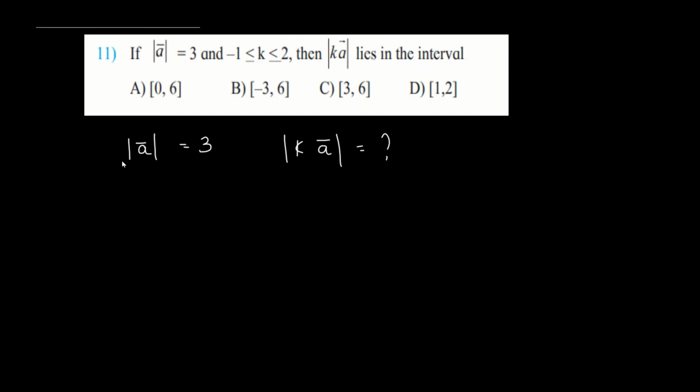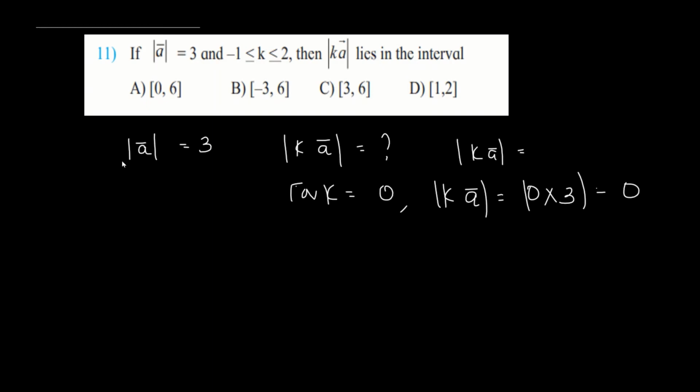We can find a range of values for k A bar if you remember that k lies between minus 1 and 2. Now we assume that k is an integer. Now suppose k is minus 1. Then mod k A bar will become a negative number, which cannot be the case. For the next integer, that is k equal to 0, mod of k A bar becomes 0 into 3, which is 0.